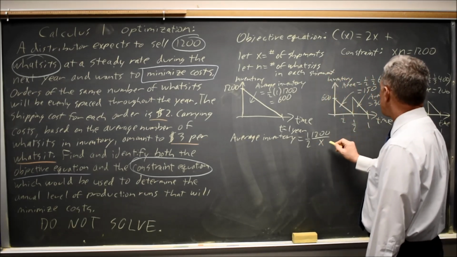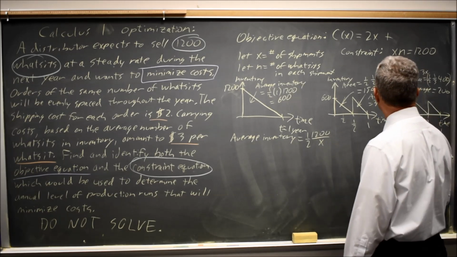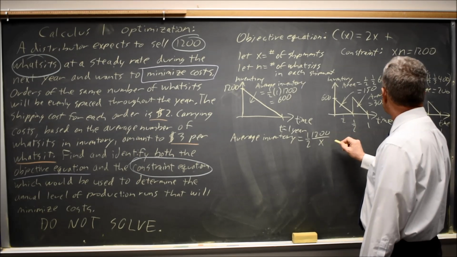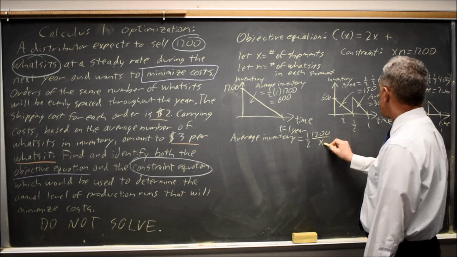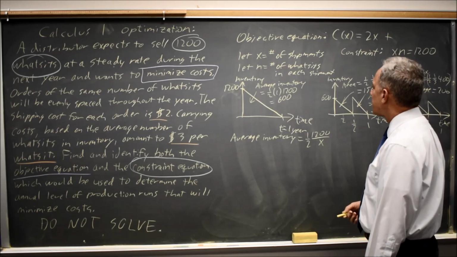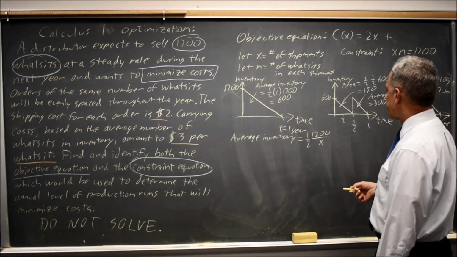X equals 2, I got 300. Half of 600 is 300. X equals 3, I got 200. 1200 over 3 is 400, half of that is 200. So that is working for the first 3, and it's reasonable if you look at my area calculations.